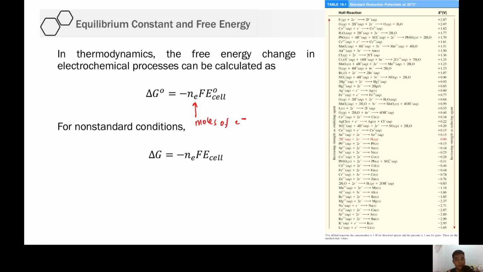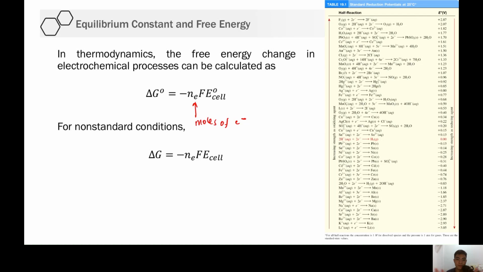Remember that when we are balancing redox equations, on the last step, we cancel the electrons. The number, or the coefficient, of that electron being cancelled on the last part of your solving process is the mole of electrons that we are pertaining to.